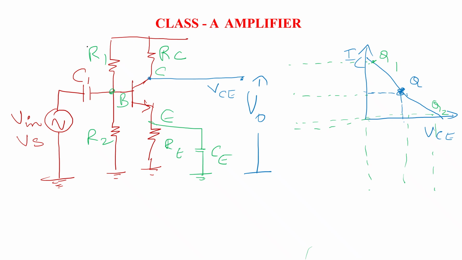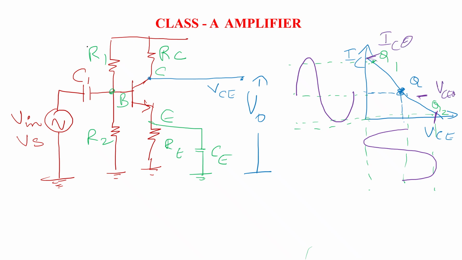If the input signal is given in this manner, the output signal is obtained for a complete 360 degrees. The output characteristic with the operating point, the Q point or quiescent point, is shown here: VCEQ and ICQ.